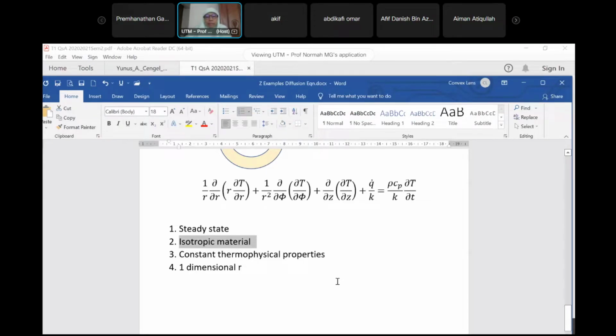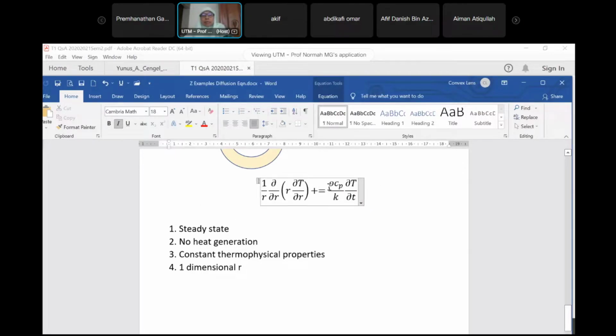But if they don't mention the material, then no heat generation. Okay, so with that, correct, you get 7 marks. Baik, Prem.